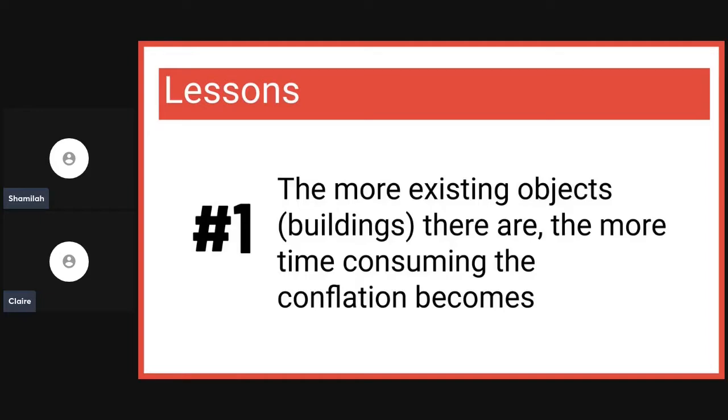We noticed it was more time consuming if you are trying to merge information or map a place that already has data. For instance, people may have already mapped that place, so you would have to choose between either the AI generated building or what you've found in OpenStreetMap.